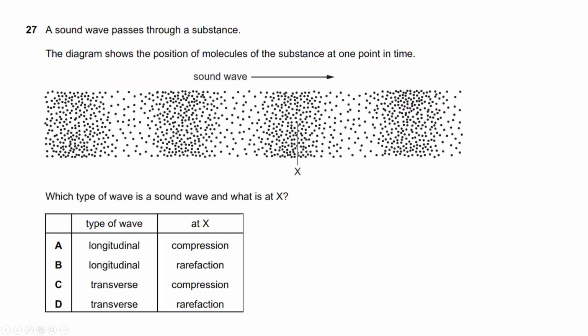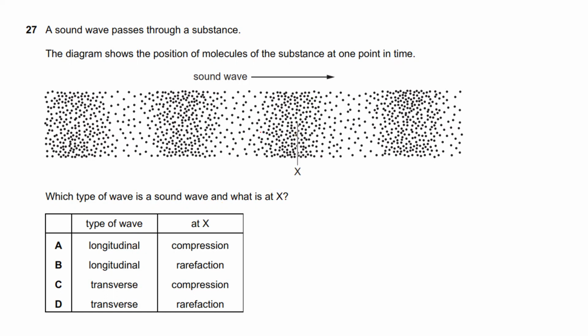Next question, question 27. A sound wave passes through a substance. The diagram shows the positions of molecules of the substance at one point in time. What is the type of sound wave and what is at X? Sound is a longitudinal wave. All electromagnetic waves, such as light waves, radio waves, and microwaves, are transverse in nature, whereas sound waves are longitudinal.